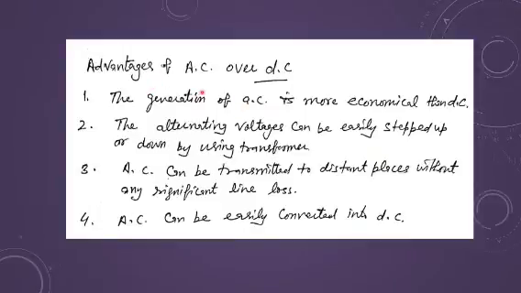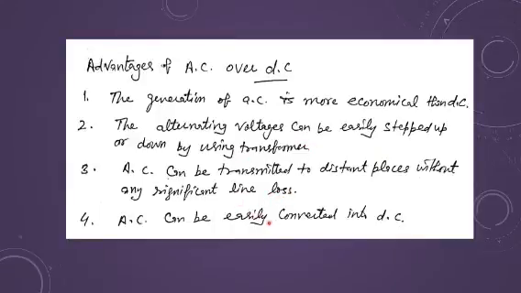Why not DC? Because there are certain advantages in using AC, as we have said, that we can easily step up or step down using the transformer. We have already discussed how we are able to step up or step down. Of course the generation is economical, and we can transmit it to different places without any significant power loss using the transformer.